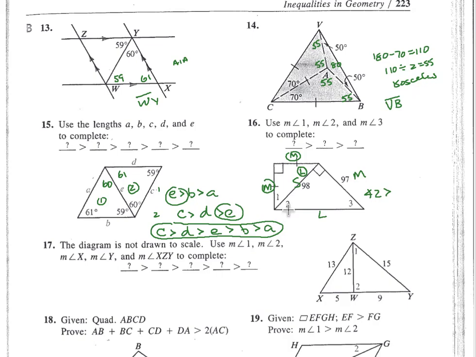So angle 2 is going to be bigger. Angle 3 is going to be bigger than angle 2, and angle 2 is going to be bigger than angle 1.